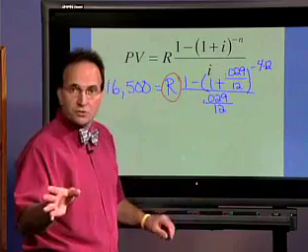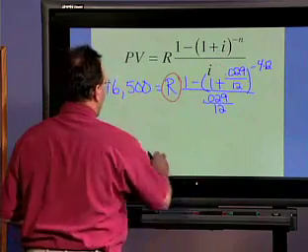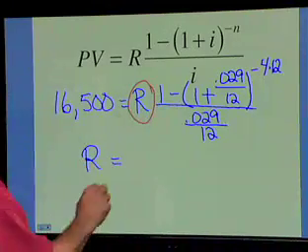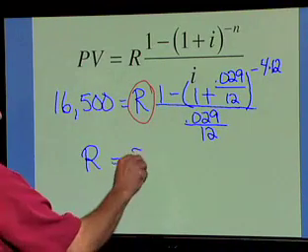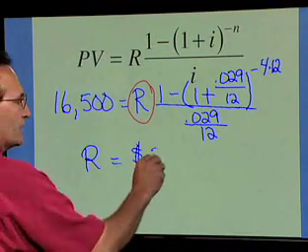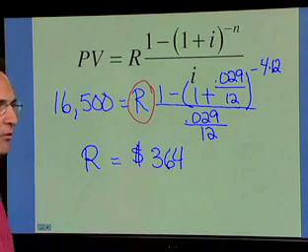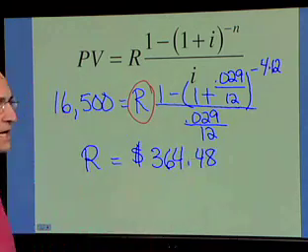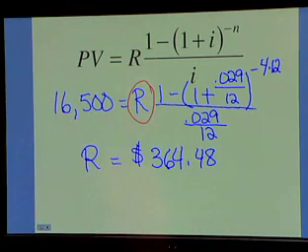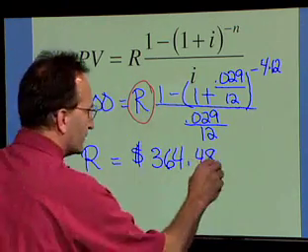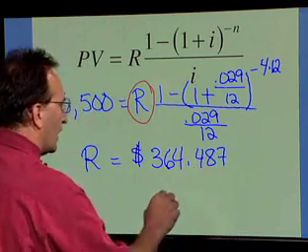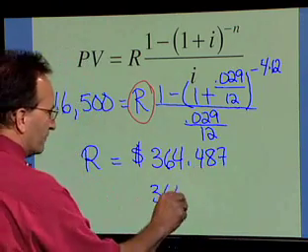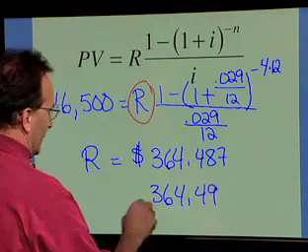If we were to do that, we would find that R is equal to $364.48, actually, it's 364.4 and a bit more, so if I round it off, it would be $364.49.